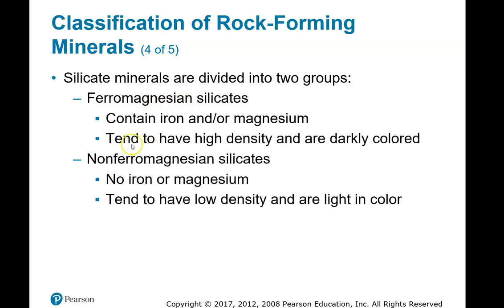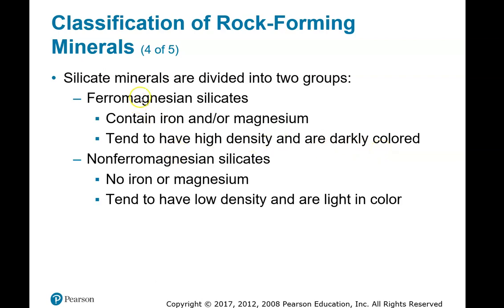All right, and then these things tend to have high densities, right? Because iron has a high density, and so does magnesium, not quite as high as iron, but it has a higher density than stuff like aluminum. They tend to be dark in color.